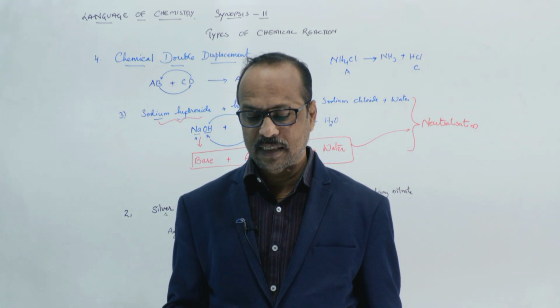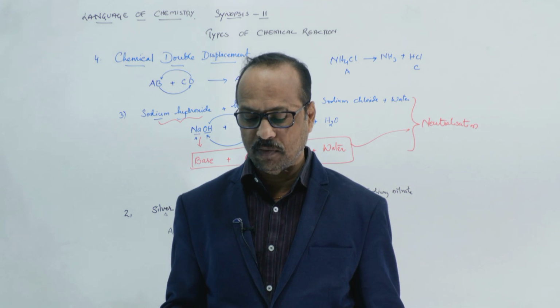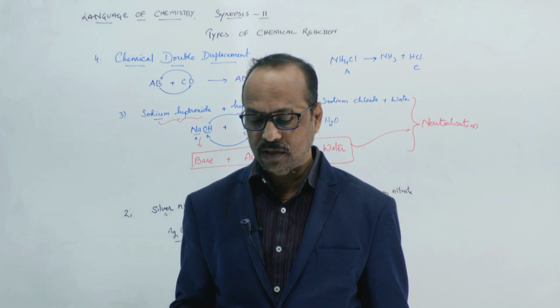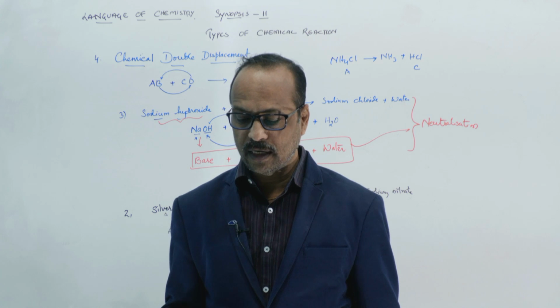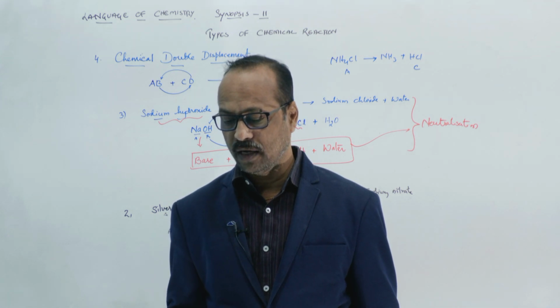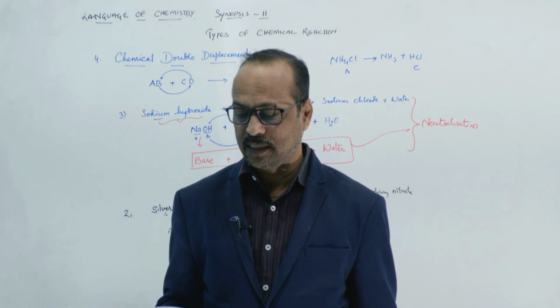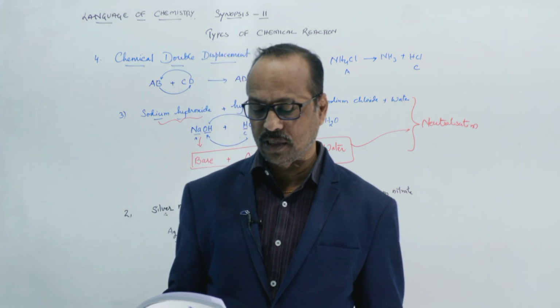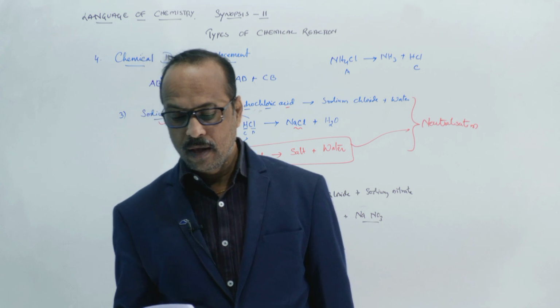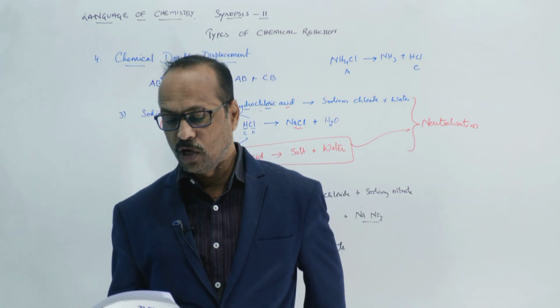In the given balanced equation, sodium carbonate plus hydrochloric acid gives sodium chloride plus carbon dioxide and water. So the option is 2 here.